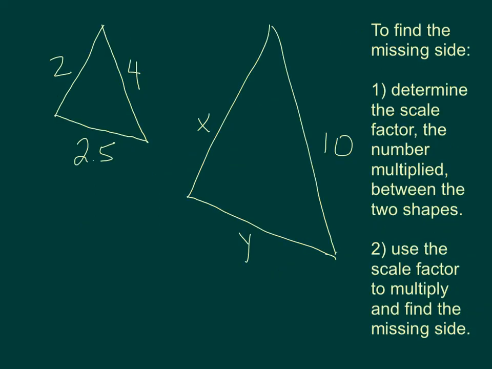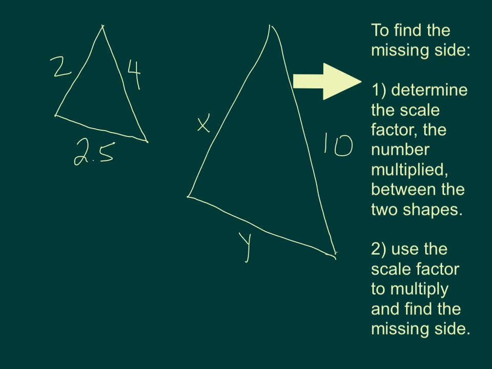A lot of times they'll give you similar shapes and they'll ask you to find the missing sides. The first thing you want to do whenever this happens is determine the scale factor. The scale factor is the number multiplied between the two shapes. To determine this, you have to look for two sides that match in each shape and that both have numbers.